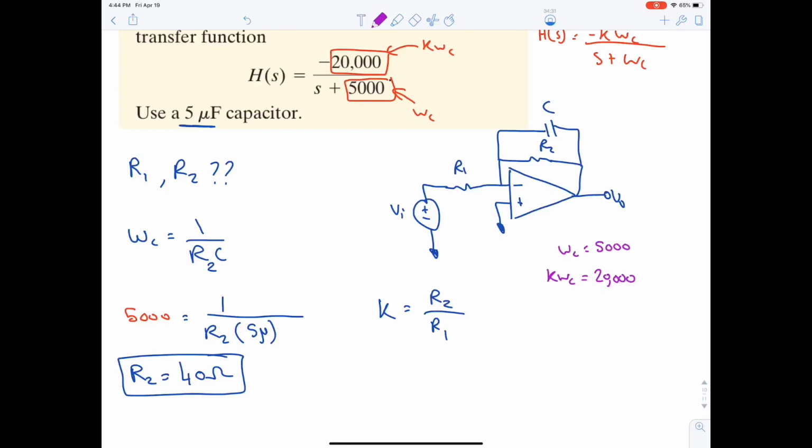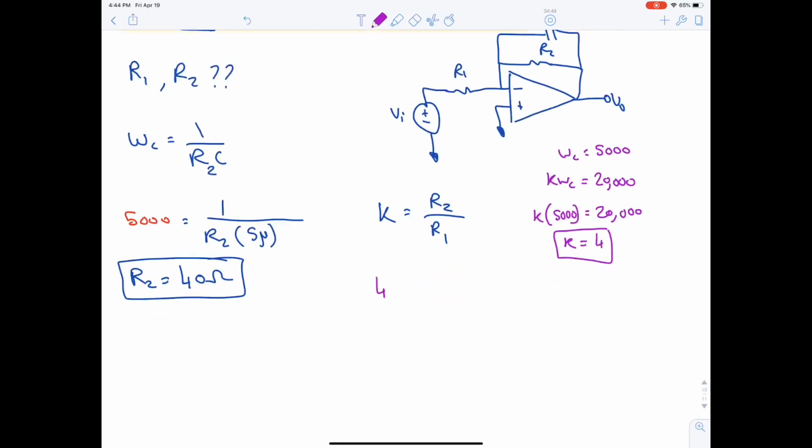So if we divide by omega C, we will get the gain. So K is equal to 4 here. R2, 40, divided by R1 equals 4, so R1 is equal to 10 ohm. Okay, we're done with this question. Let's move on.